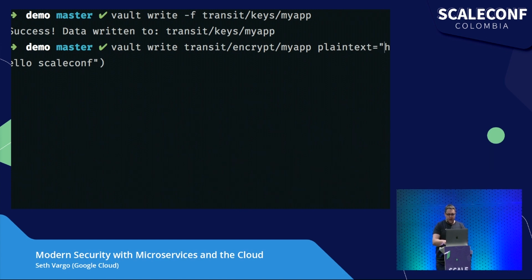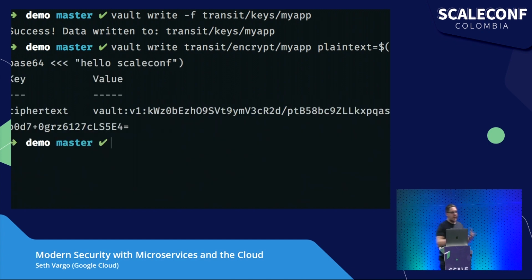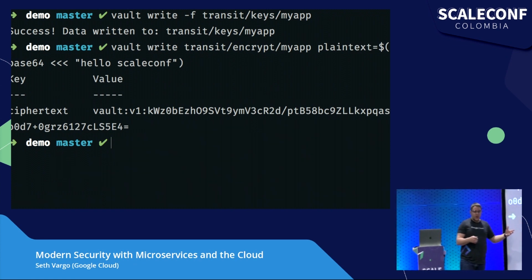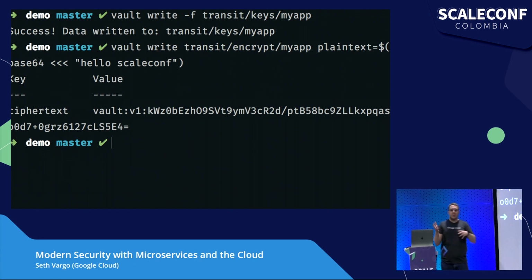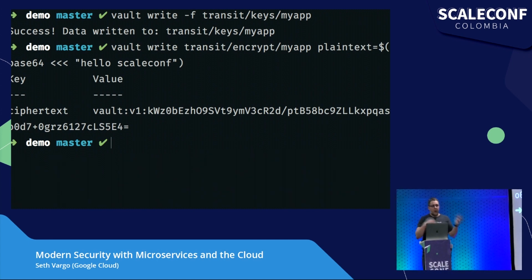And the reason for that is that Vault can encrypt more than just text. So if you imagine that was like a PDF or a Word document or something like that, I can't transmit that over HTTP as is, because it's a binary file format. So I base64 encode it so that it's transmittable.